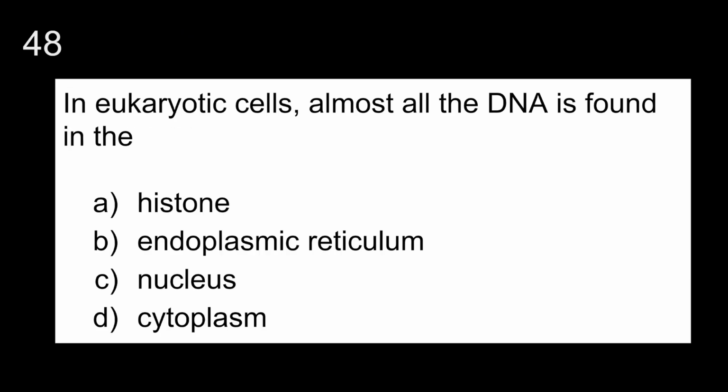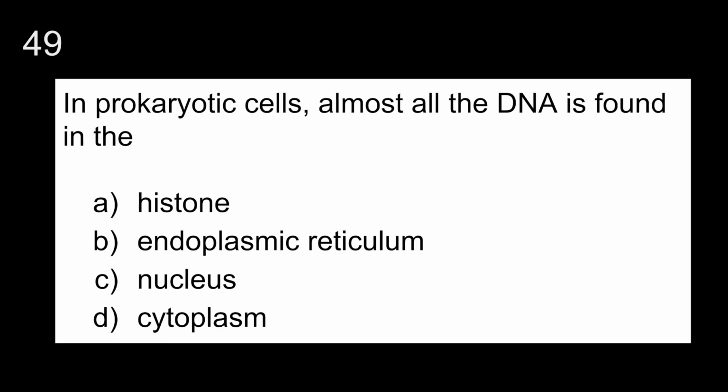Okay, question 48. In eukaryotic cells, almost all the DNA is found in the A, histone, B, endoplasmic reticulum, C, nucleus, D, cytoplasm. The answer is C, nucleus. So in a eukaryotic cell, which is basically a non-bacterial cell, the DNA is going to be found in the nucleus. Question 49.